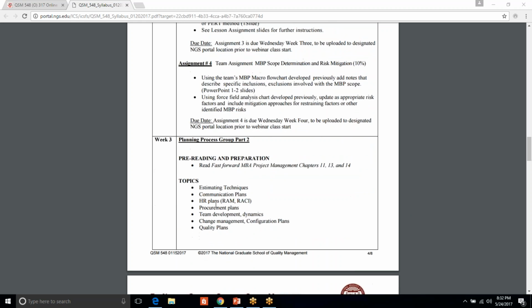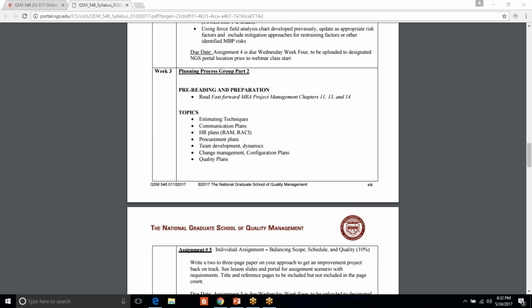So in week 3, we're asking you to read chapters 11, 13, and 14, and we're going to focus on how we estimate the time needed to do specific pieces of projects, what our comm strategy is, and what our resource picture looks like. On the human resource piece, how are we going to get the workforce that's necessary, whether it's internal?